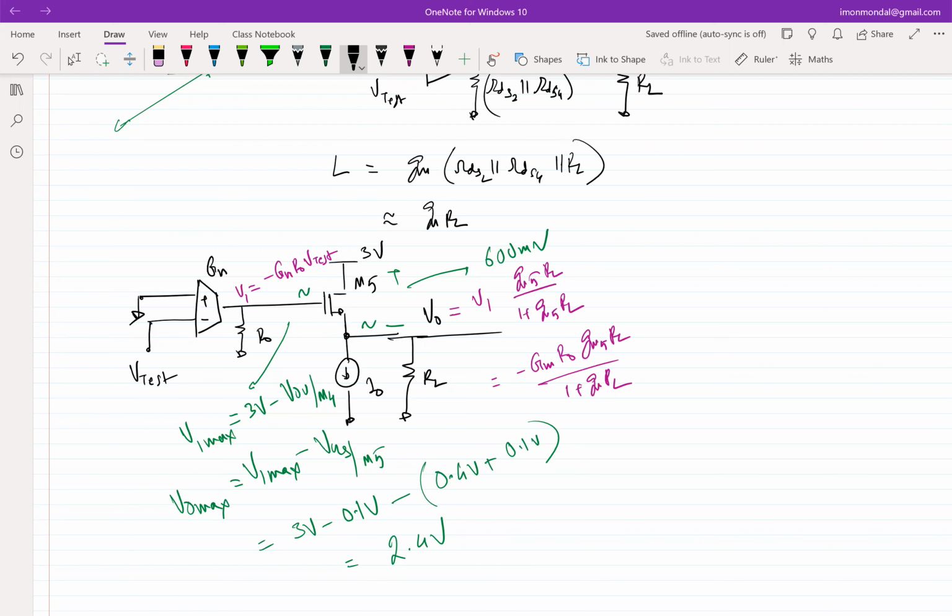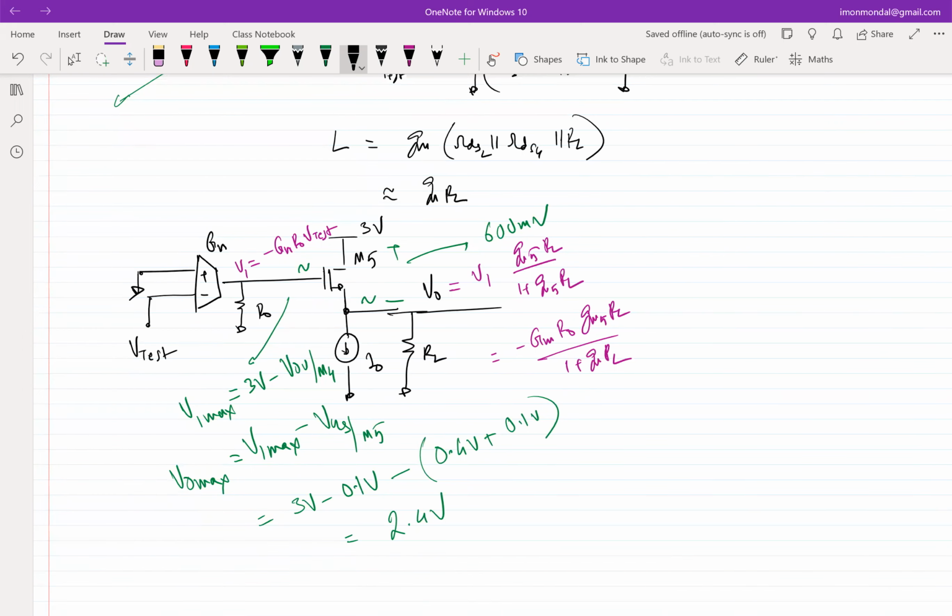NMOS will simply not do. That is evident, right? If I keep an NMOS, I have to keep that VGS. If I cannot use an NMOS, what else can I do? Use a PMOS, right? So let's use a PMOS.